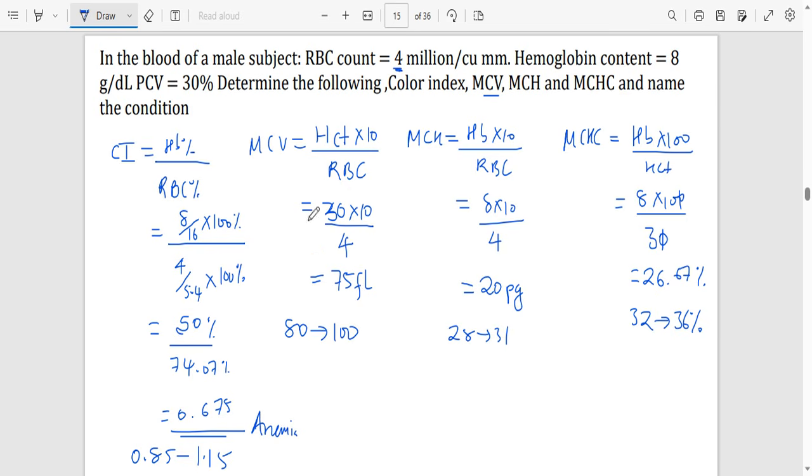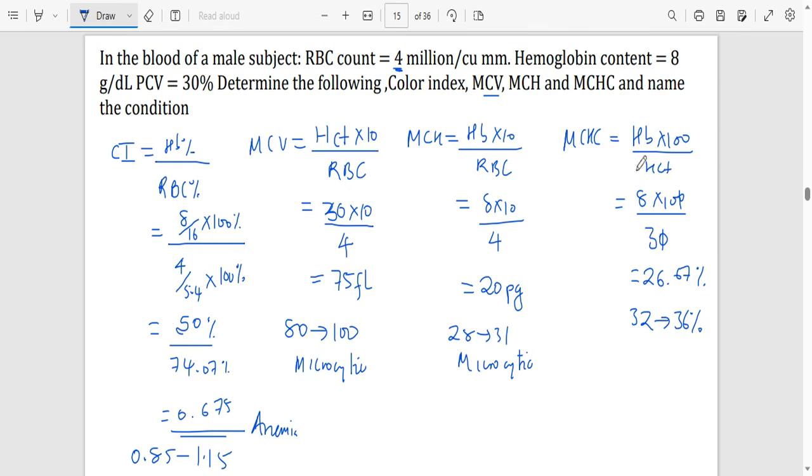What of MCV? You can see it is less than normal, because the normal is from 80 to 100. This is 75. So this would mean this is microcytic. What of here? It is still below. We said also for MCH, it is also microcytic.